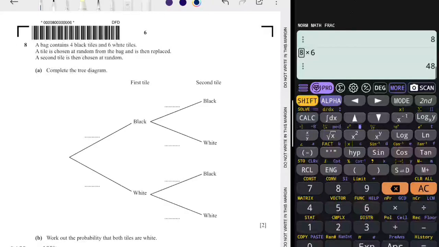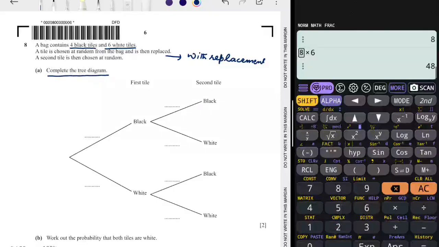A bag contains 4 black and 6 white tiles. A tile is chosen at random from the bag and is then replaced. This means it is a with replacement case. A second tile is then chosen at random.